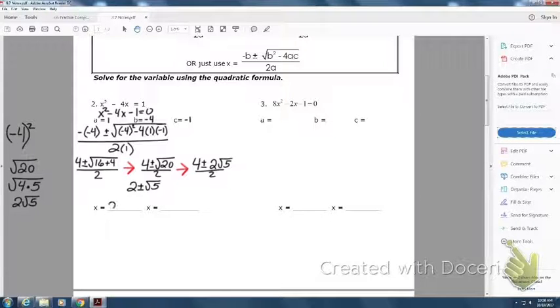And then one of my answers is 2 plus the square root of 5, and 2 minus the square root of 5. Which, if you were to find the decimals of those, would be 4.23 and negative 0.23.